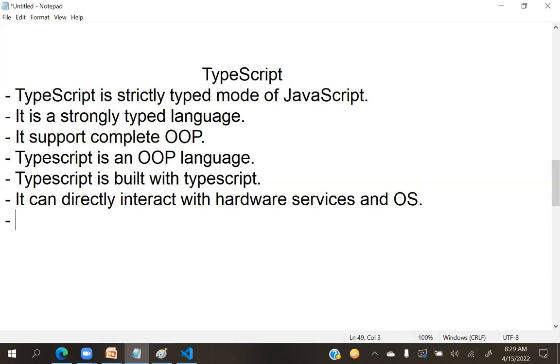That means it is equivalent to languages like Java, C#, C++. It can build complete large scale applications, TypeScript. You are using it with Angular, but don't think that TypeScript was developed for Angular.